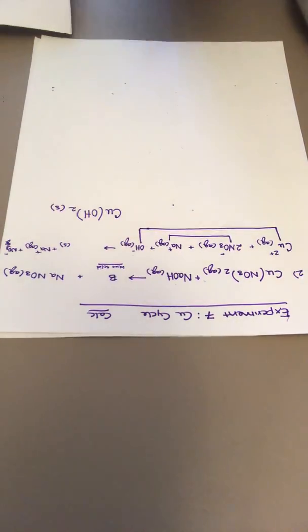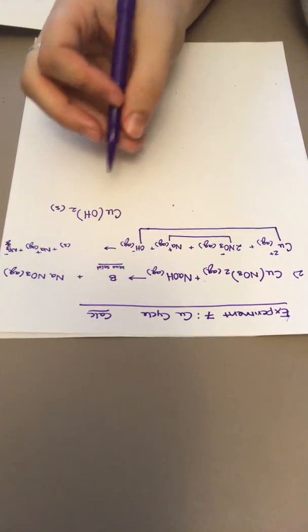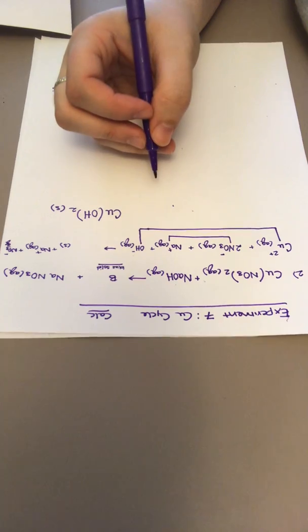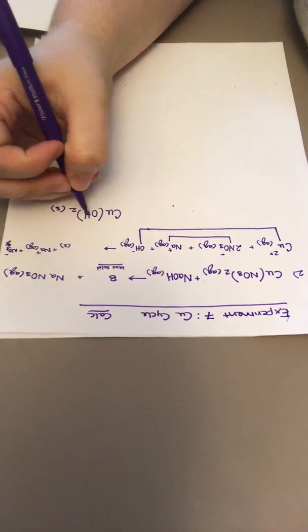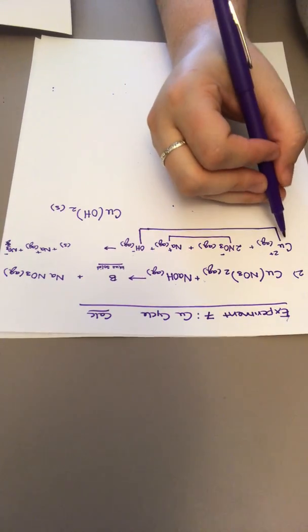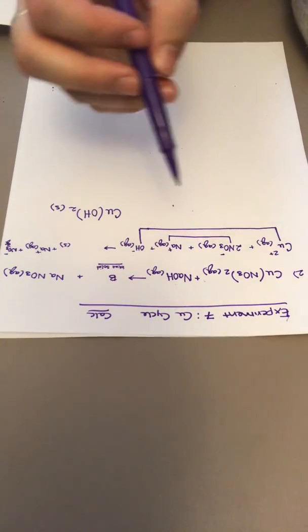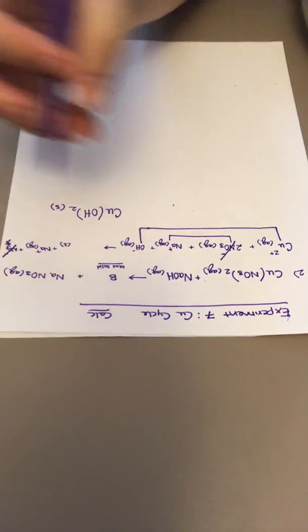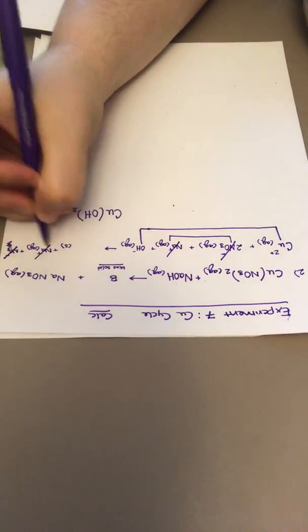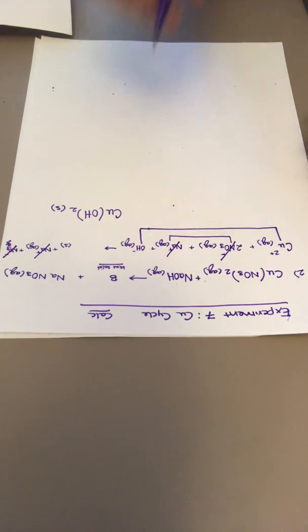So that means that product B is going to be this copper hydroxide product, Cu(OH)2. And when we're actually going through and looking at the net ionic equation, we know that our copper is going to be only on one side. We have this NO3 that we can get rid of on both sides, and we have this Na+ that we're able to get rid of on both sides.